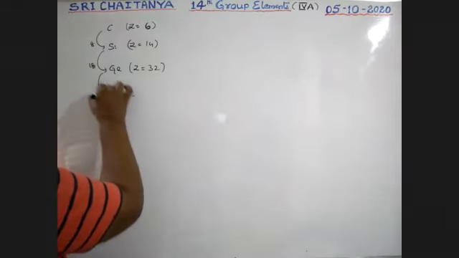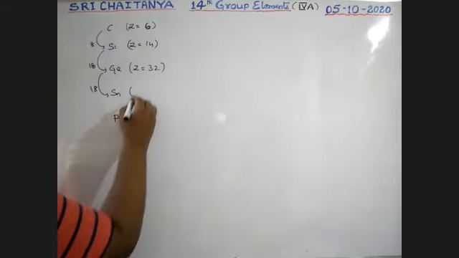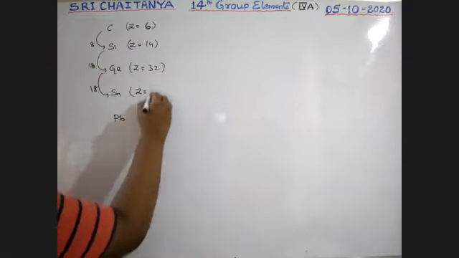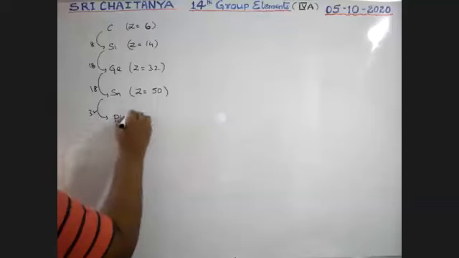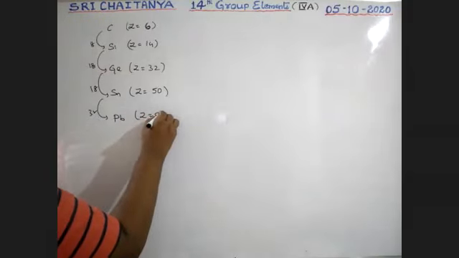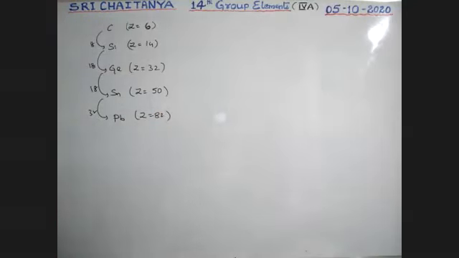Next, add one more 18, that is Z is equal to 50. Add 32, that is Z is equal to 82. These are the atomic numbers of this group elements.